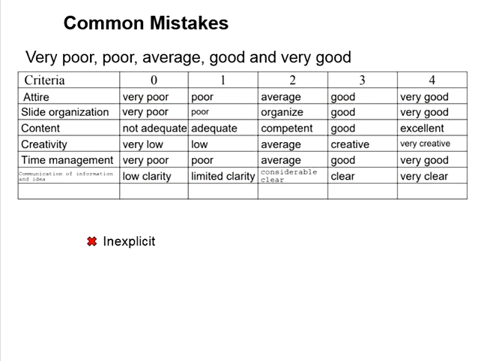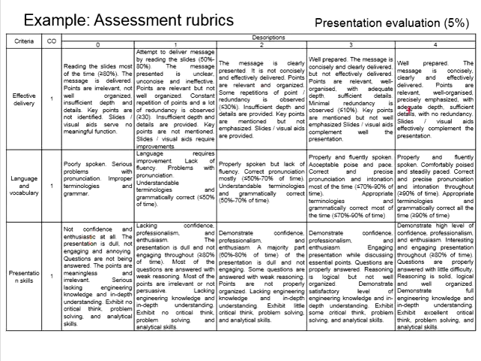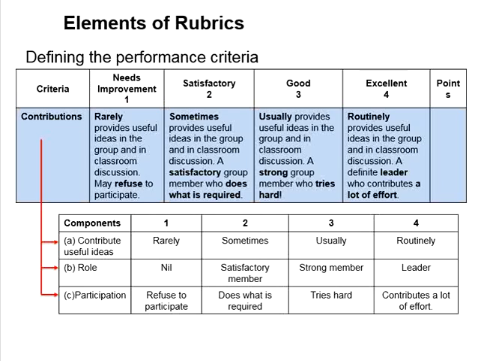Now how should you deal with the rubrics? You will need explicit statements to clearly define what makes a good performance and what makes a poor performance. And within the definition here, it shouldn't be only one dimension.